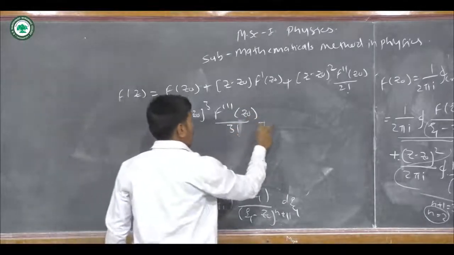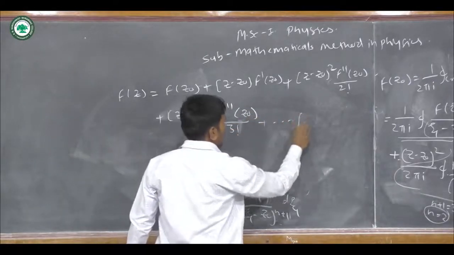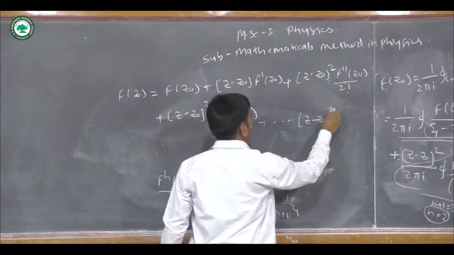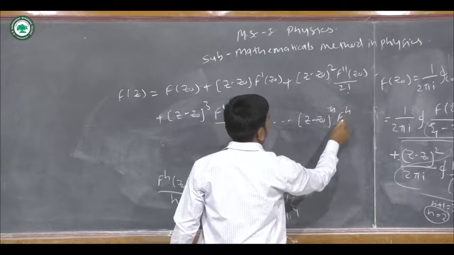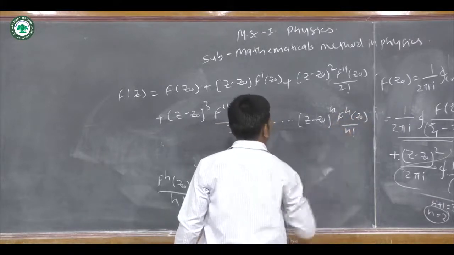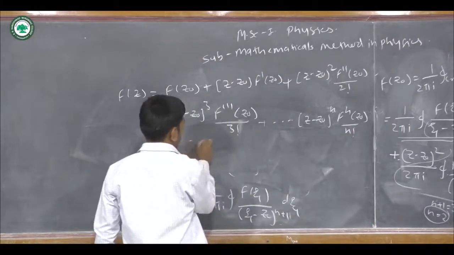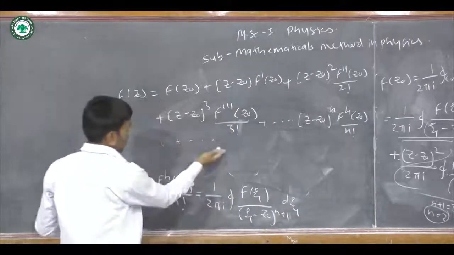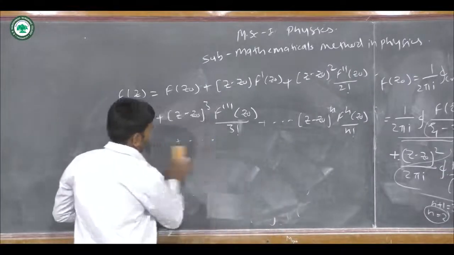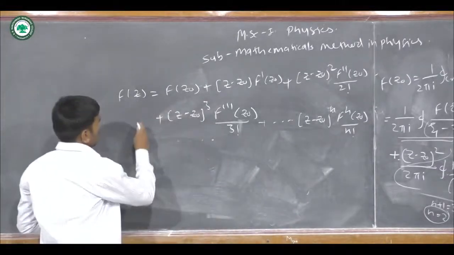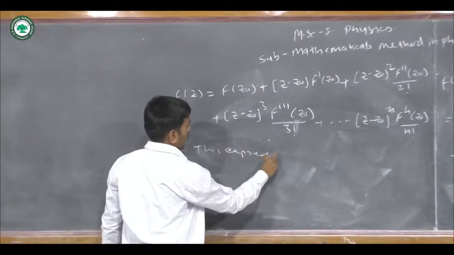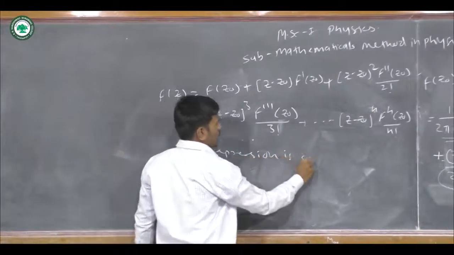So like this we can write up to the nth term, z minus z naught power n f power n z naught divided by n factorial. Also another term is present, and that term is called the remainder term, n plus 1. So this expression is called the Taylor series.